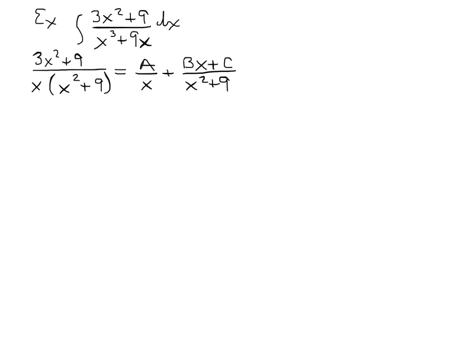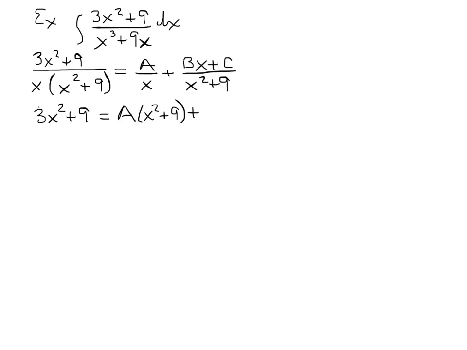Okay, so my next step is to multiply by the common denominator, which is the denominator on the left-hand side. On the left-hand side, it will cancel completely, and I'll have 3x squared plus 9. On the right-hand side, for the A term, the x will cancel, and so I will be left with A times (x squared plus 9).